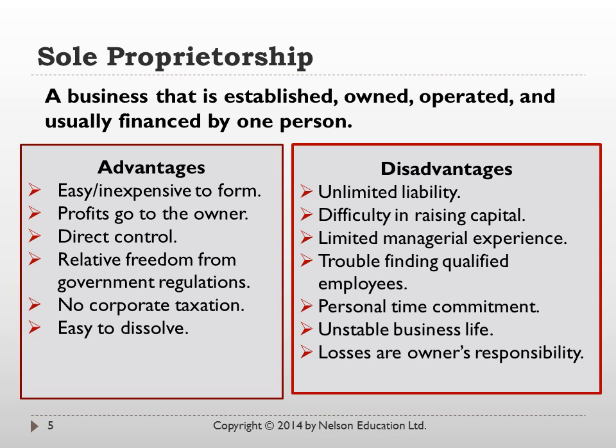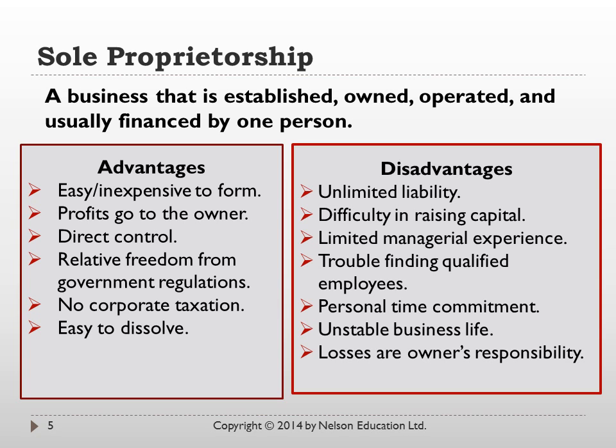One of the biggest disadvantages of a sole proprietorship is that the one owner has unlimited liability, so they are responsible for all the debts of the business. So if there are any creditors or banks or lawsuits against the business, that owner is responsible for all of them.